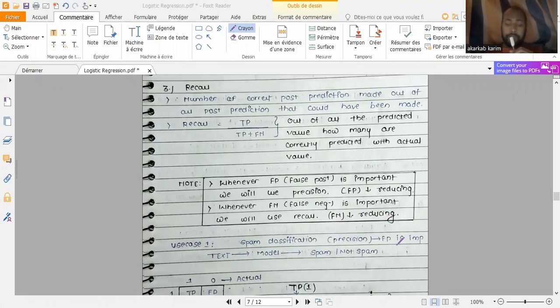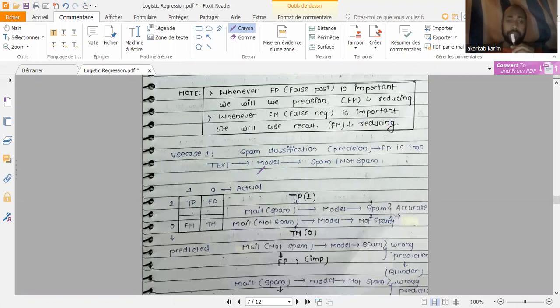So if we consider the use case of spam classification, that means we try to build a filter for classification. Spam classification means we consider precision here. So we have a text, we give it to my model, and it predicts spam or not spam, because this is binary classification.